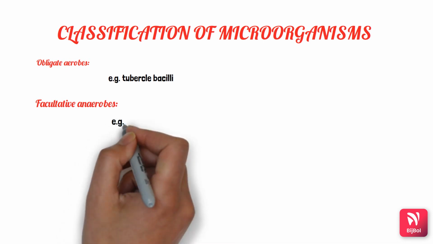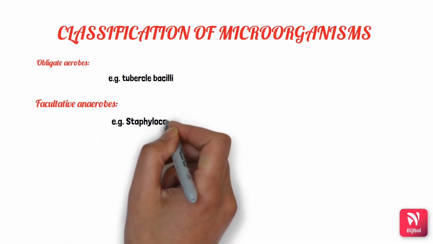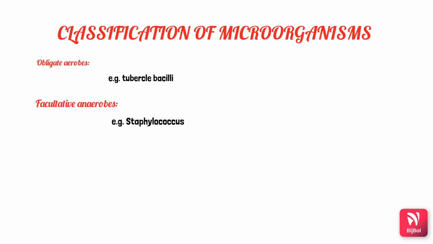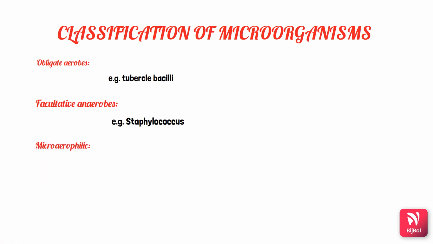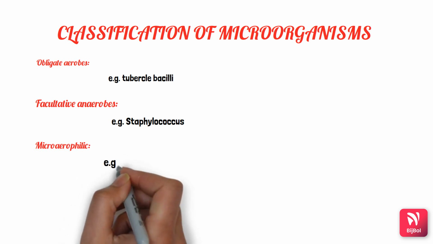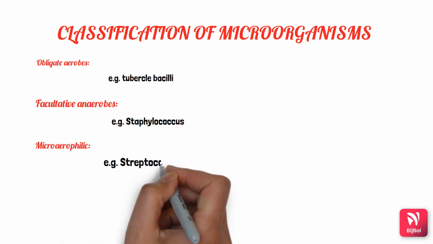Examples are the staphylococcus. And the microaerophilic are the organisms which grow in an oxygen environment but derive their energy only from fermentable pathways that occur even in the absence of oxygen. Examples are the streptococcus.